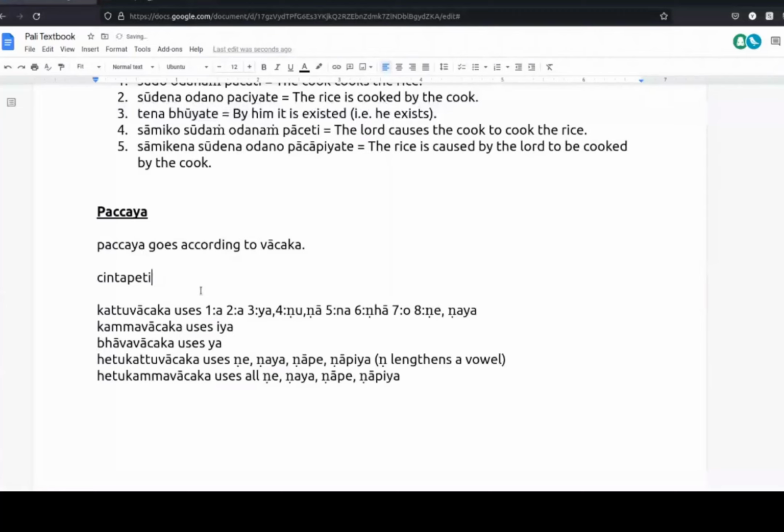That's with nape. But with hetu katuvajika, an active causative, this means someone causes someone to think. If you said it like this, it's more likely to be someone causes something to be thought. So the subject is not the person who is doing the thinking. It is the thing being thought.